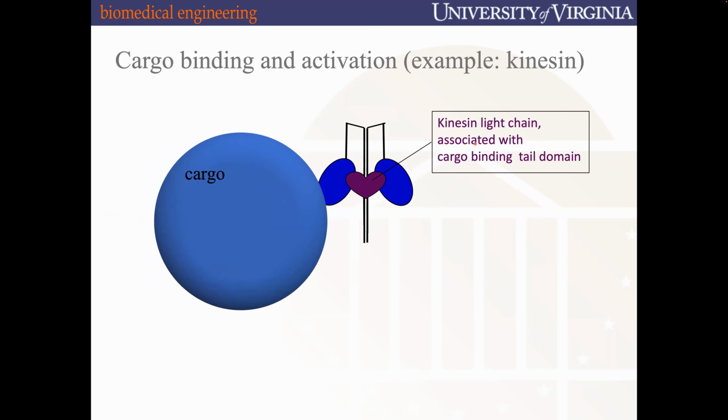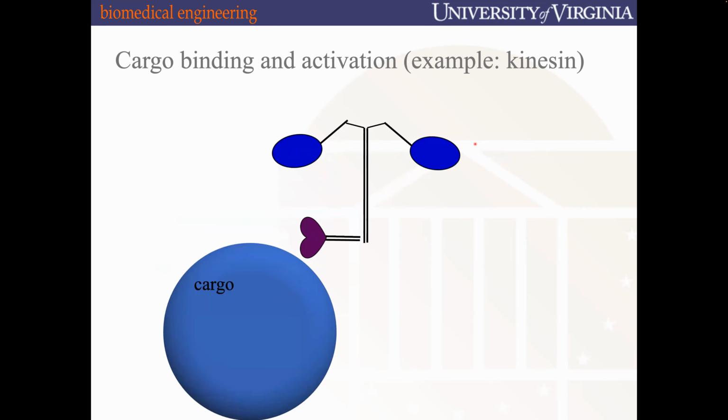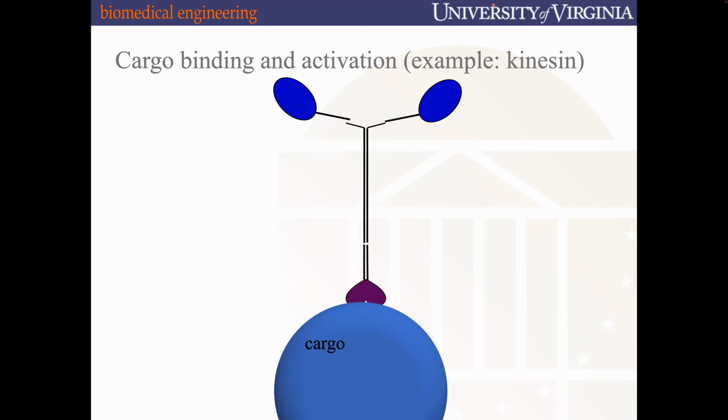But then once the cargo binds, it changes its conformation, and then it opens up. And so now this top portion here is able to bind the microtubule. So this is for kinesin specifically, but there's a similar cargo-mediated activation mechanism for dynein.